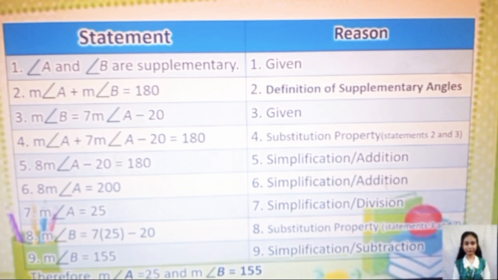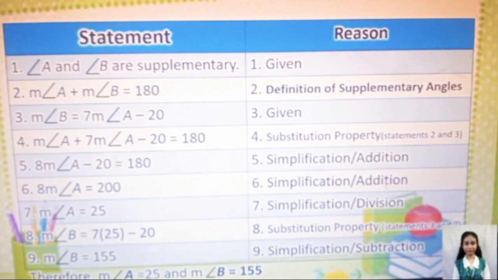Number 4, measure of angle A plus 7 measure of angle A minus 20 is equal to 180, through the substitution property using statements 2 and 3. Then 5, 8 measure of angle A minus 20 is equal to 180, simplification by addition. 6, 8 measure of angle A equals 200.